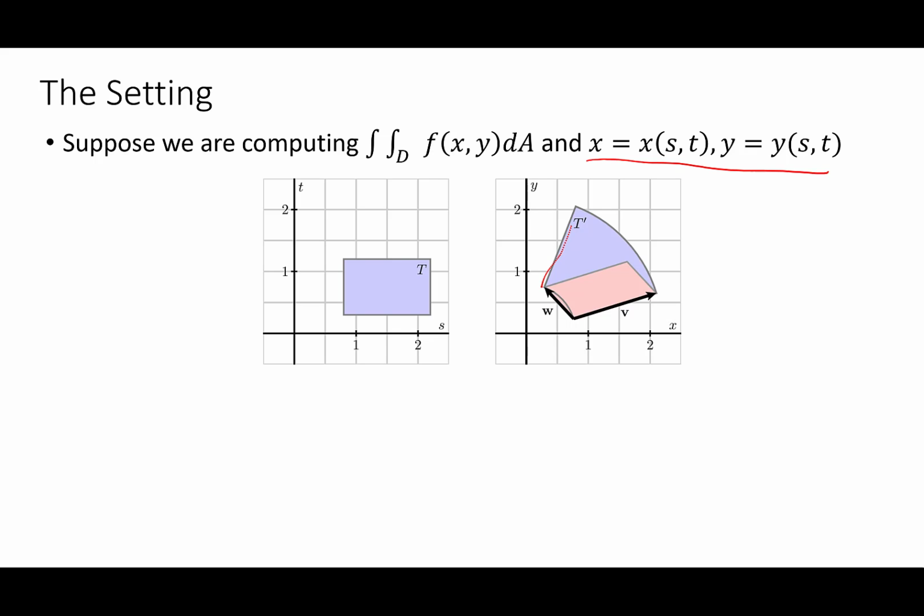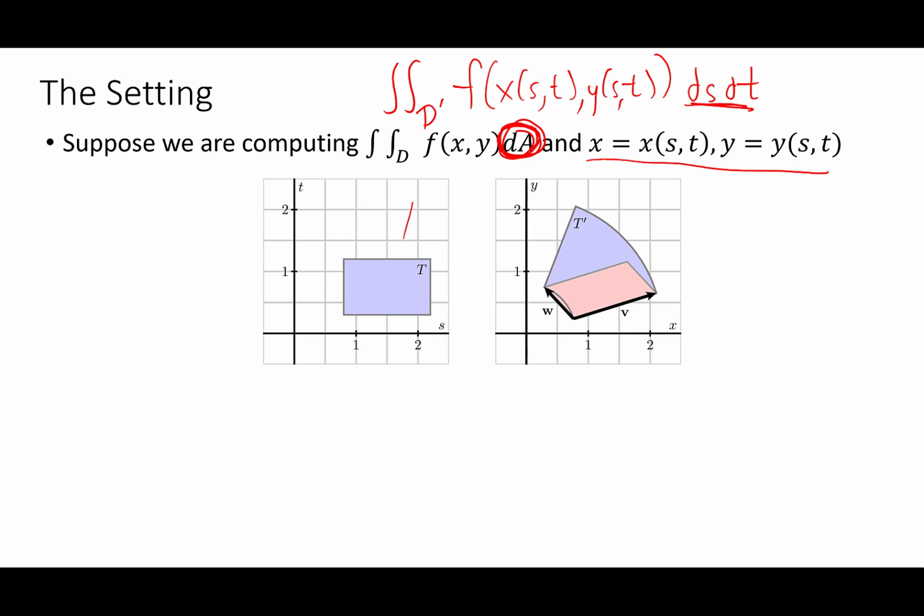So the idea is we're going to be converting this double integral into an integral over D prime, the transformed domain, of f of x(s,t), y(s,t), and then we're going to have to somehow convert this into ds dt. So the question becomes, how do you deal with our differential dA? How does that relate to ds dt?